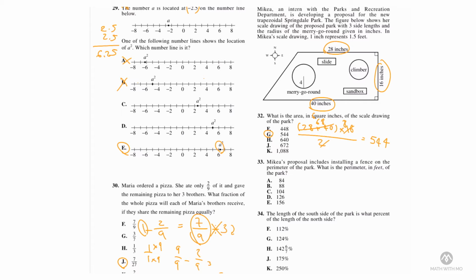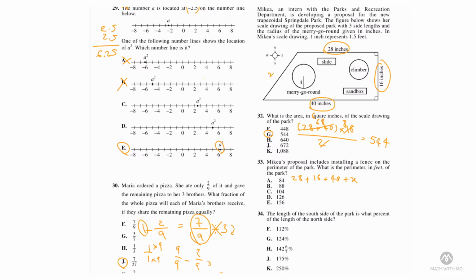Mikia's proposal includes installing a fence on the perimeter of the park. What is the perimeter in feet of the park? Alright, so perimeter comes from adding all the sides together. So 28 plus 16 plus 40 plus x. What is x? X is the other side that we don't know.